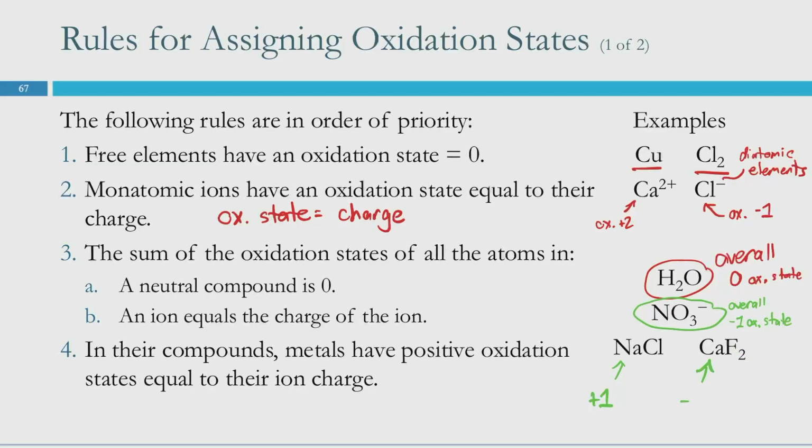So our calcium is going to have a +2 oxidation number or oxidation state. So that's for our metal cations.